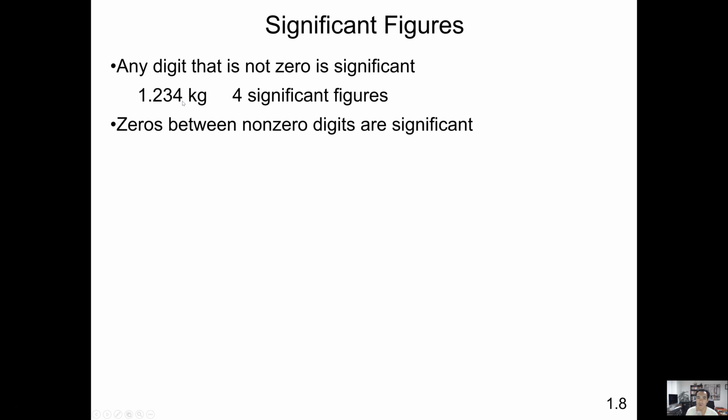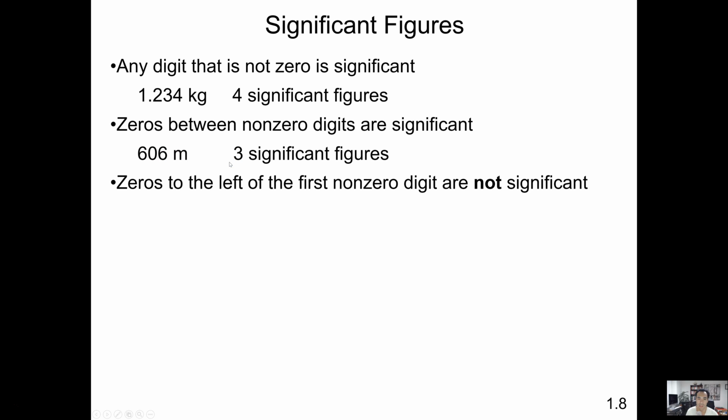Zeros between non-zero digits are also significant. For example, in 606 the zero is between a 6 and a 6, and because of that it is significant, which means you report 3 significant figures. Zeros to the left of the first non-zero digit are not significant.